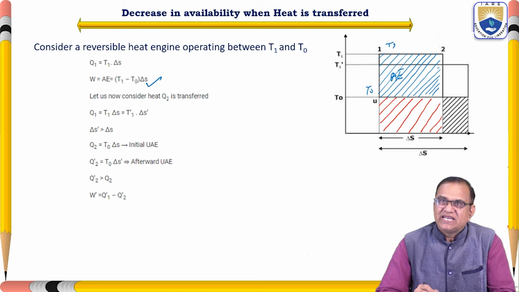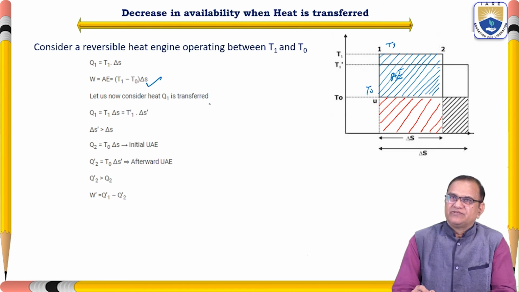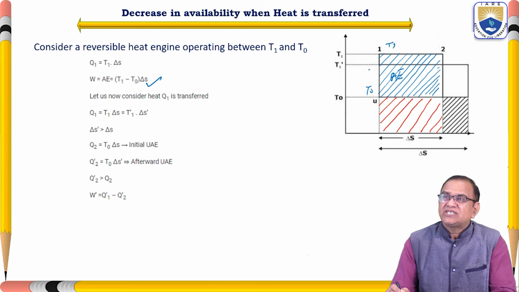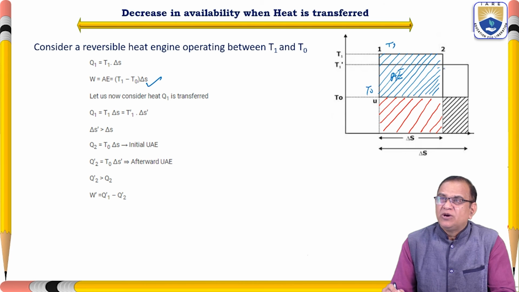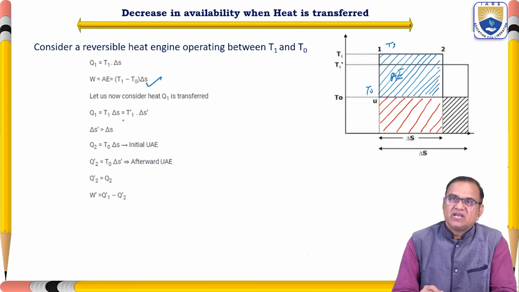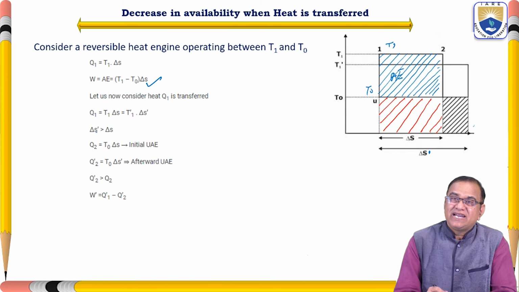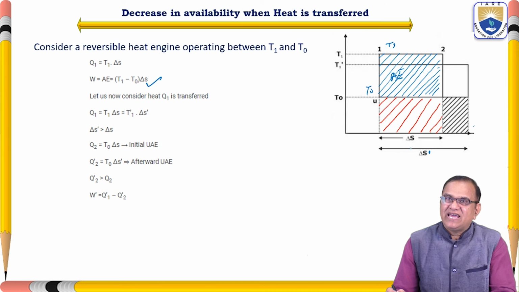Let us now consider heat Q1 is transferred. So now this Q1 is equal to T1 into delta S. The next one is T1 prime, it is transferred, and now it is not in this position but in this position. So here T1 into delta S prime. Now here delta S prime is greater than delta S. So Q2 is equal to T0 delta S, that is the initial unavailable energy.